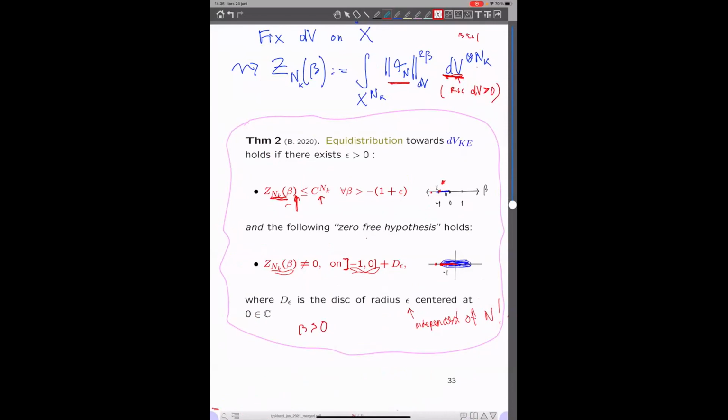I can take any one here. This is just a condition to ensure convergence towards the canonical volume form. But I pick some volume form that induces a metric as well, and then I form this function of beta. But we are free to choose any volume form actually.